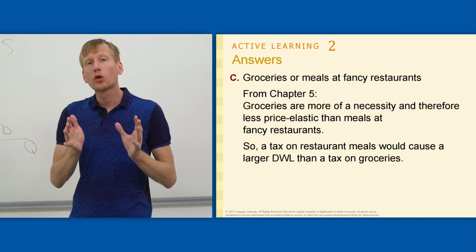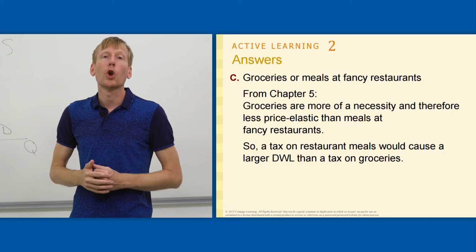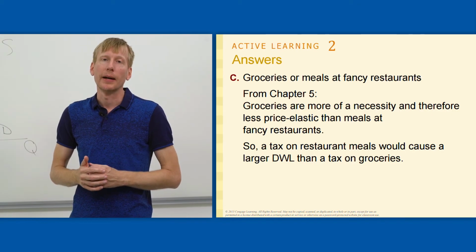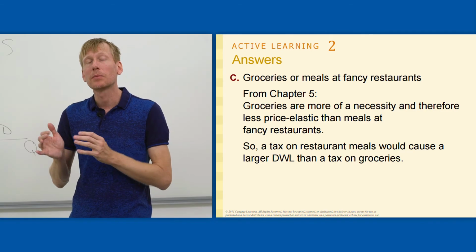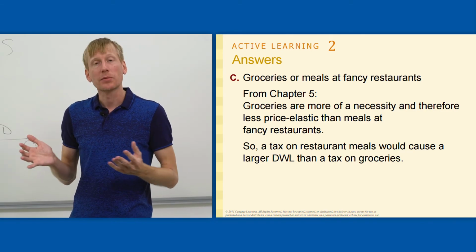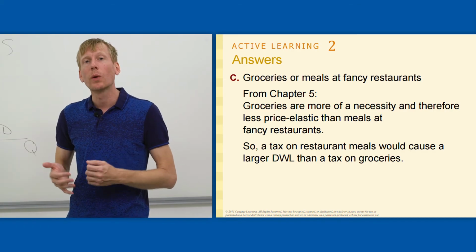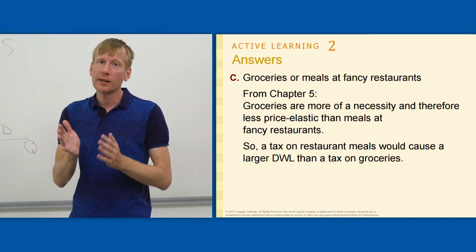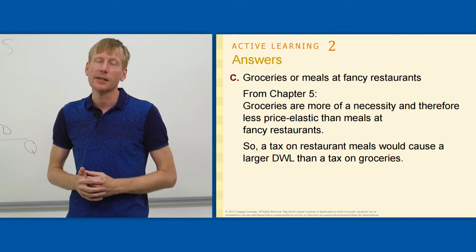As a result, groceries are the one in this particular case we would expect to have a low price elasticity of demand. And we would expect meals at fancy restaurants to have a high price elasticity of demand. As a result, taxing meals at fancy restaurants would create a lot of deadweight loss. Taxing groceries, on the other hand, would not create a lot of deadweight loss.